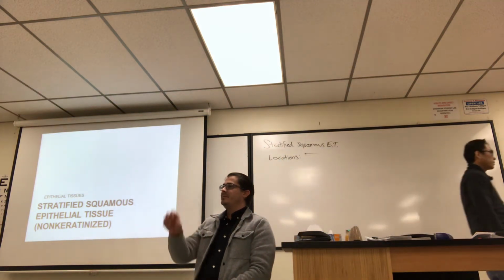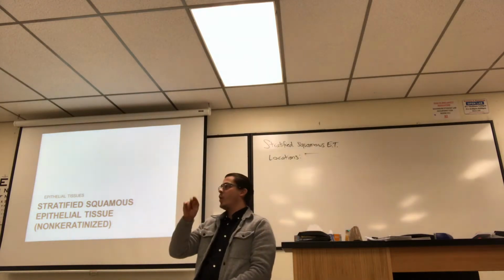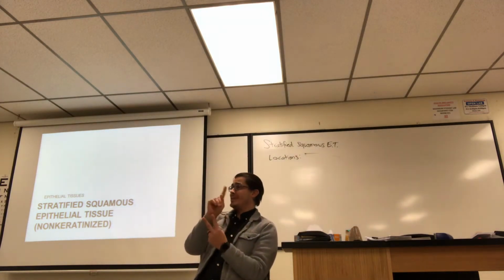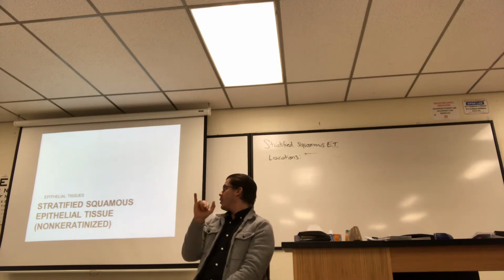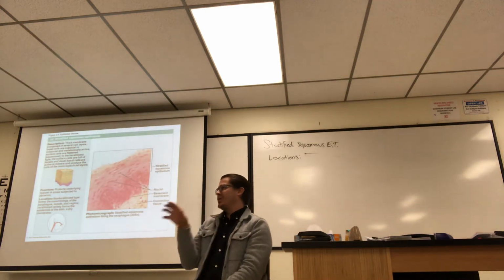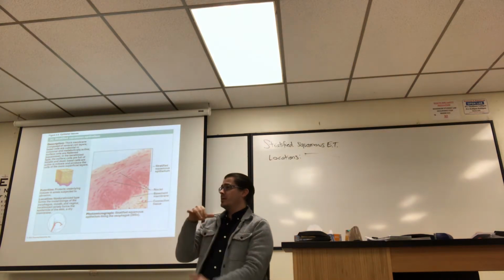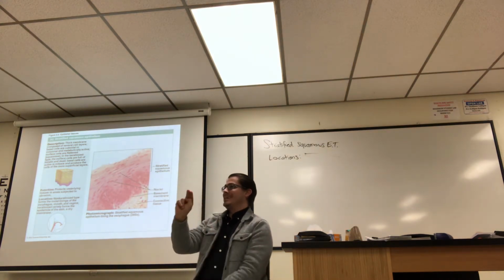Stratified squamous epithelial tissues are either keratinized or not. So some books like to say non-keratinized, and you don't necessarily have to do that. If you don't see keratin there, just don't put keratin. Yeah, this is a good picture of it here.